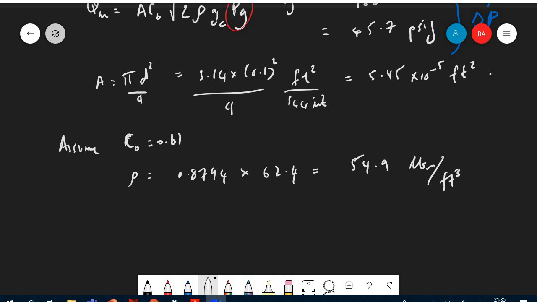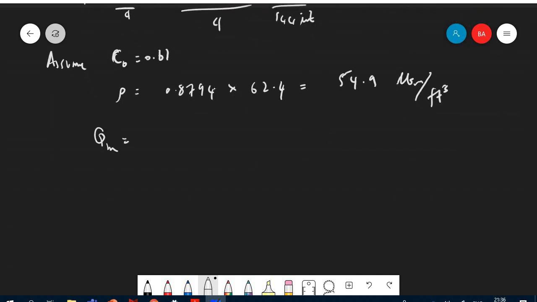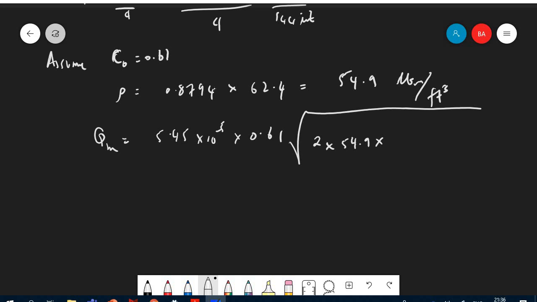Now we substitute to find Qm, and Qm in this case is going to be 5.45 times 10 to the power minus 5, multiplied by 0.61, that is A C naught, times the square root of 2 multiplied by rho 54.9, multiplied by GC, which is 32.17, multiplied by PG, which is 45.7. I need to do some kind of conversion here.